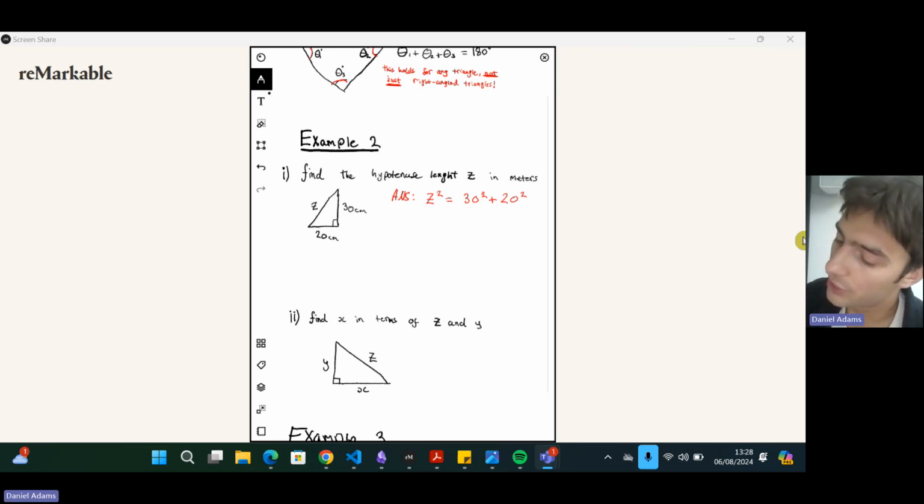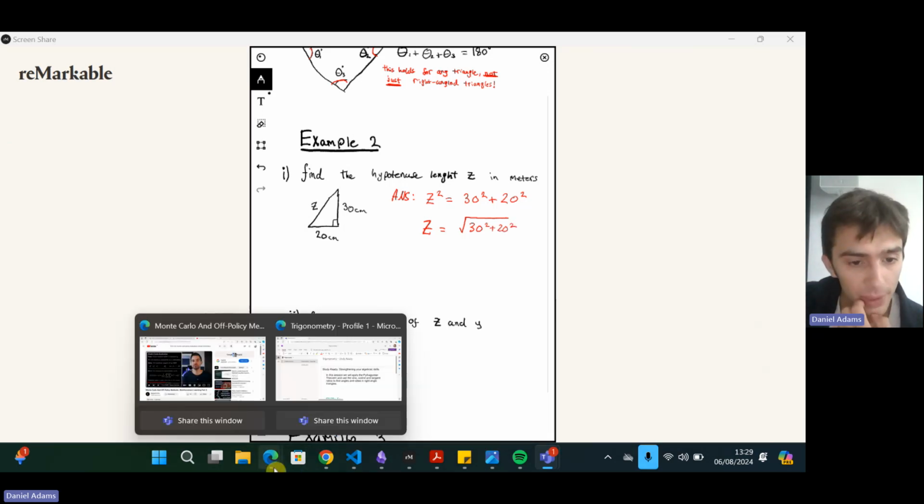To solve this equation, I take a square root on both sides, and I only take the positive square root because we're talking about a length, and lengths are always positive. So Z equals the square root of 30 squared plus 20 squared.